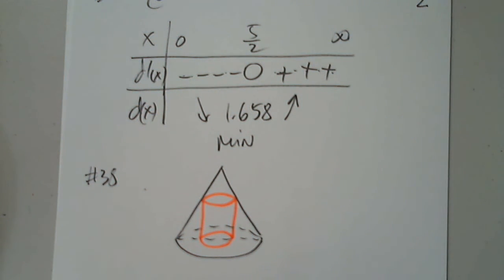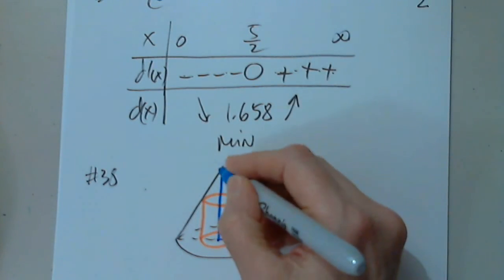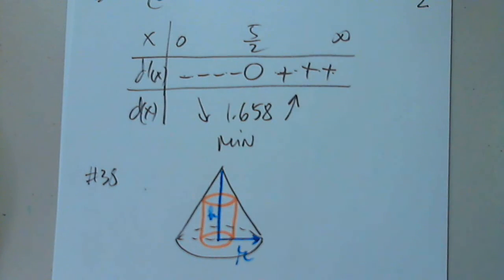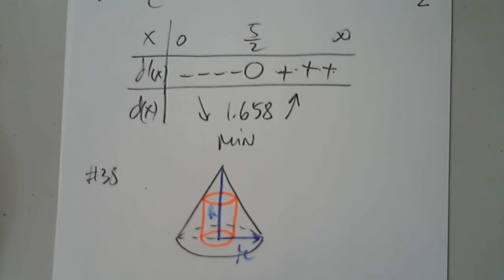Okay, and that's the cylinder. And the cone has base radius r, and it has a height of h. Find the largest possible volume of such a cylinder.